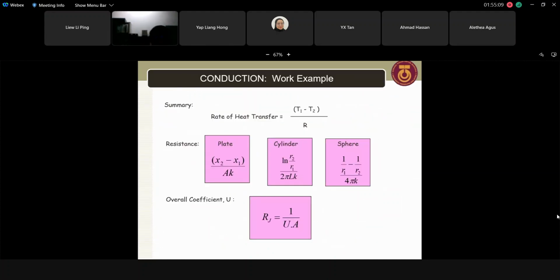Okay, this one. This is the summary, right? Resistance for a plate, R, is x1 minus x2, this thickness, divided by A and K, right? So just now, group one, you sum up everything as two resistances only, right?